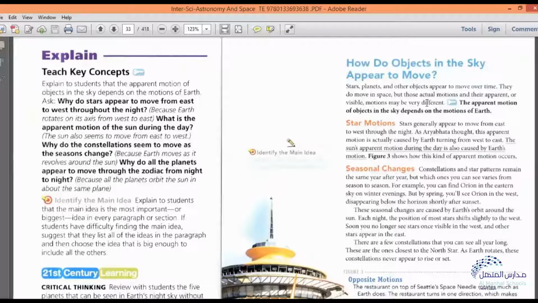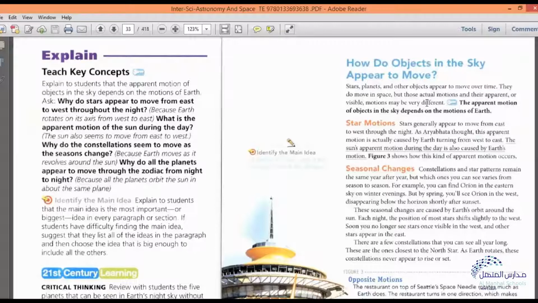Okay, so this is called apparent motion. During the day, it is also caused by Earth, because the sun is one of the stars. Even though it appears in the daytime, it's still the nearest star, and its apparent motion occurs because of the Earth's rotation around itself. So constellations and patterns remain the same year after year, but which ones you can see varies from season to season.